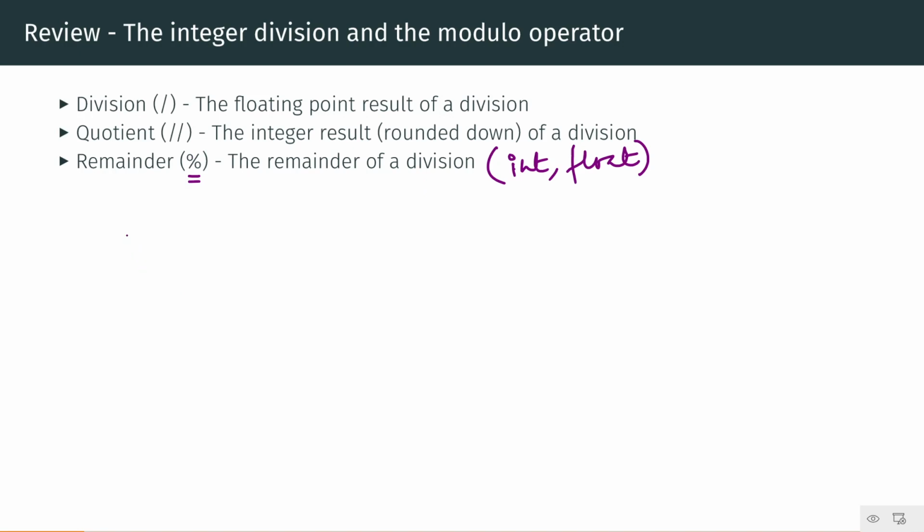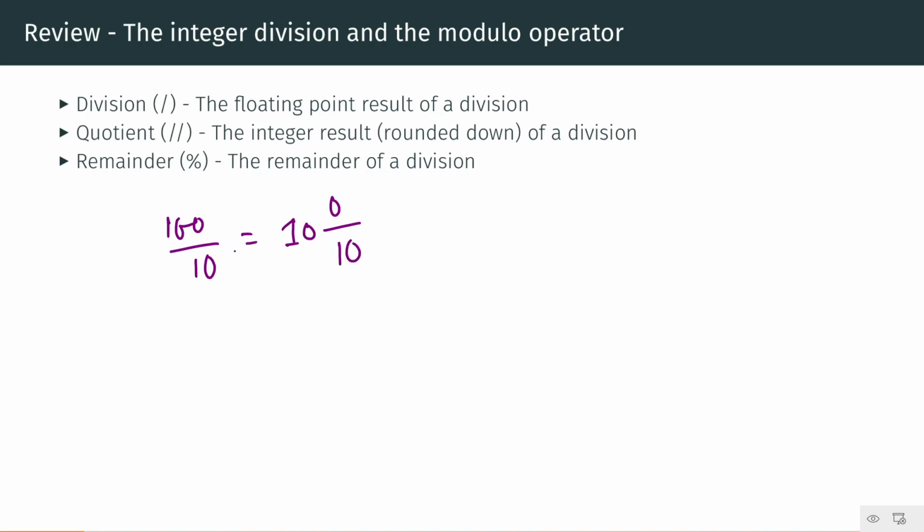So if you divide 100 by 10, the quotient is, I'm sorry, the quotient is 10 and the remainder is 0 because it's perfectly divisible, right? 10 perfectly divides 100, so the remainder in this case would be 0, right?